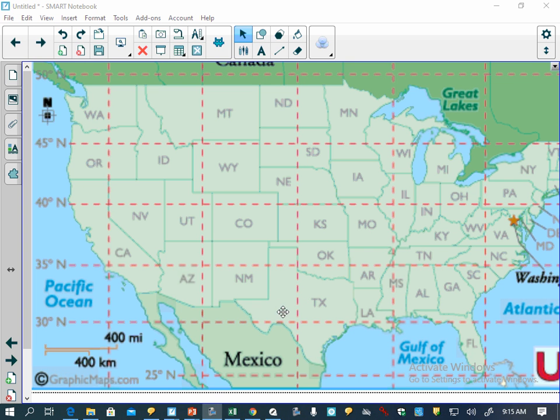These are the ones that go up like the rungs of a ladder. Right now we're focused on just the latitude, and we measure away from the equator. North latitude means it's north of the equator, south latitude means south of the equator.